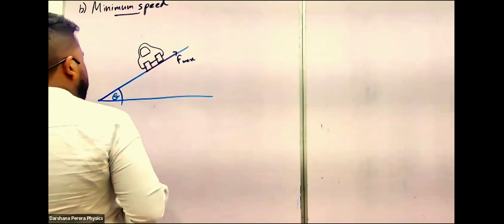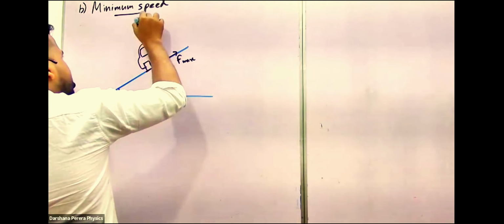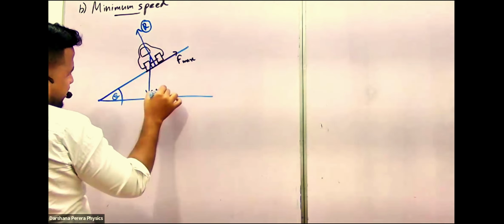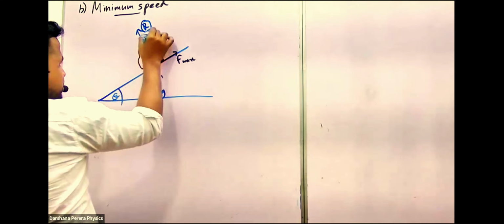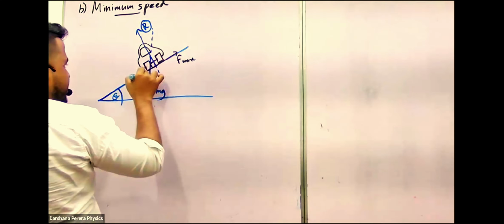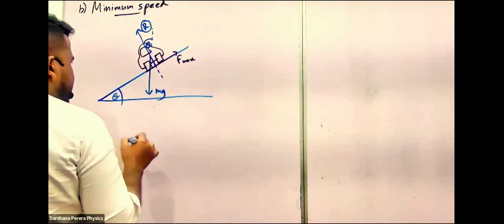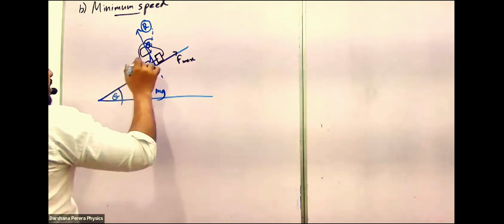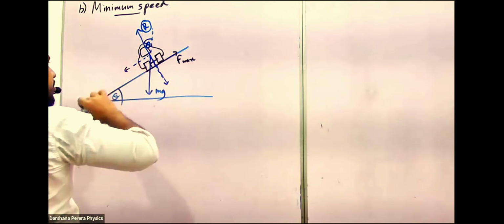Right? The reaction force acts in this direction, the weight mg acts in this direction. We have to mark the forces. This is 90 minus theta, this is theta, this is theta, right? Theta acts in this direction, theta acts in this direction. All the forces can be marked like this, right?